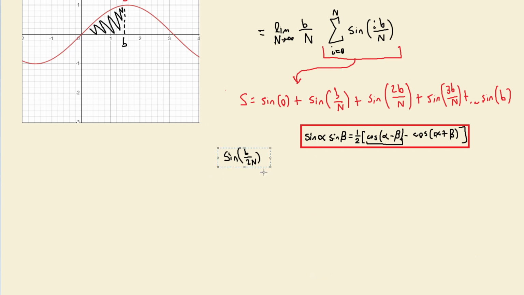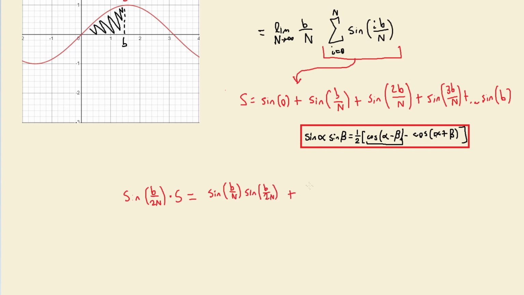So I'm going to rewrite that down here, and I'm also going to get rid of this sine of 0 term because that's just equal to 0. I'm going to multiply both sides by sine of B over 2N, multiplying by the sum on this side, and on the other side I'm going to have to distribute this across everything, and get rid of this sine of 0 term. So I'll get sine of B over N times sine of B over 2N.